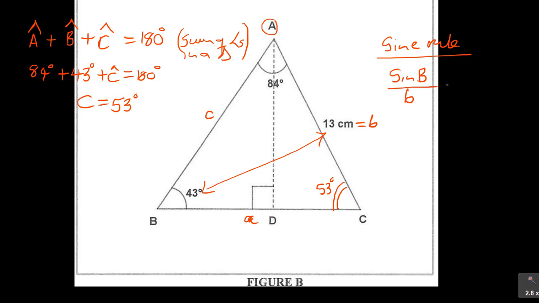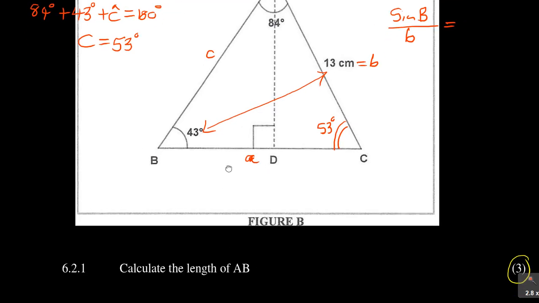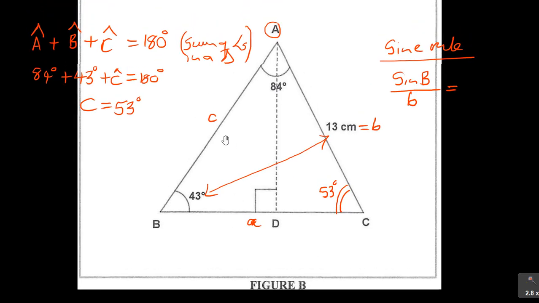So that is complete, is equal to, and remember the question says I must find the length of AB. In this case AB is c, so I will link it with sin C over small c. That is how this whole question could have been answered.